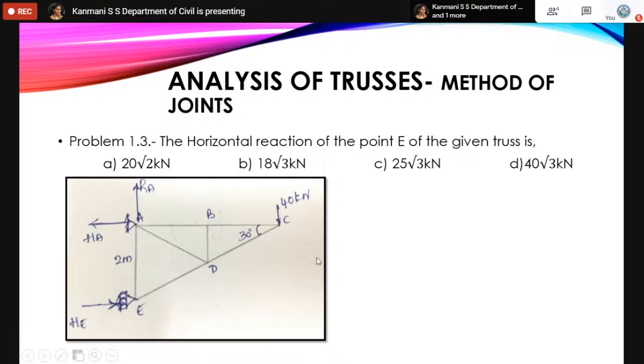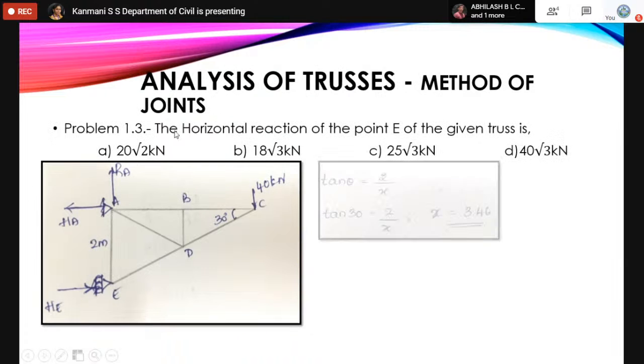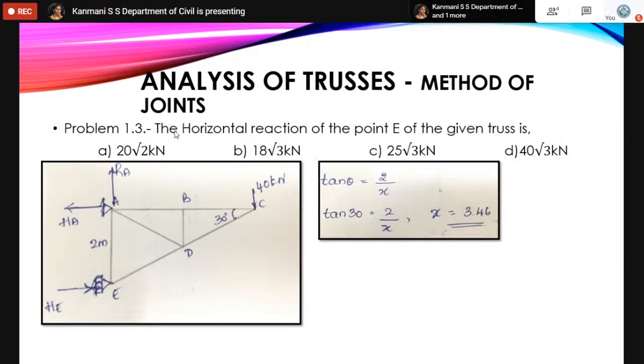So this is an anti-clockwise moment, so minus HE into the distance, which is 2 meters, HE into 2. Plus 40 is moving in the clockwise direction. And they have given 30 degrees. They have not mentioned anything about this distance.